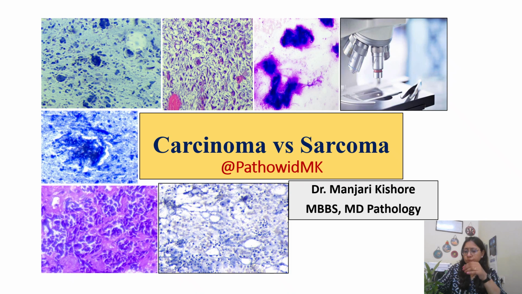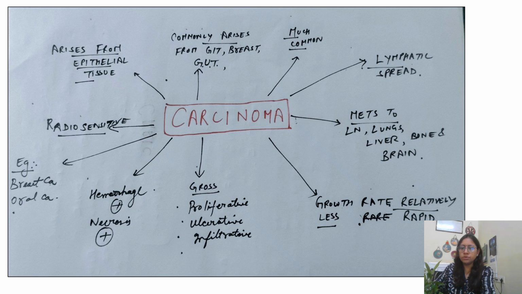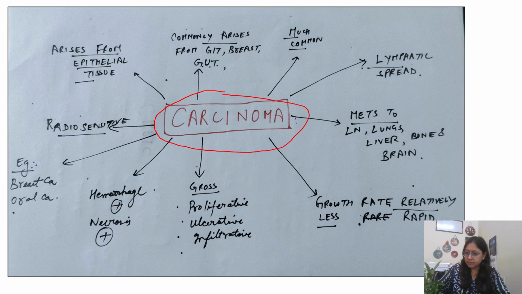Few points which we should remember when we are assessing any case of carcinoma or sarcoma. So let's start, it's a very small topic. Carcinoma, basically how it arises, is from your epithelial tissue. Okay, we'll see in the next slide about sarcoma.